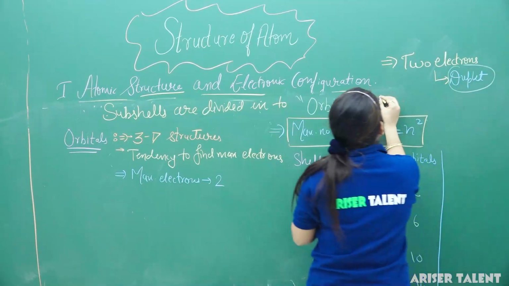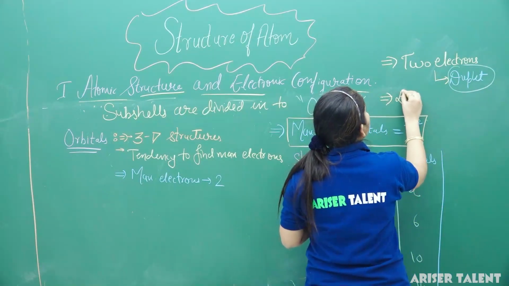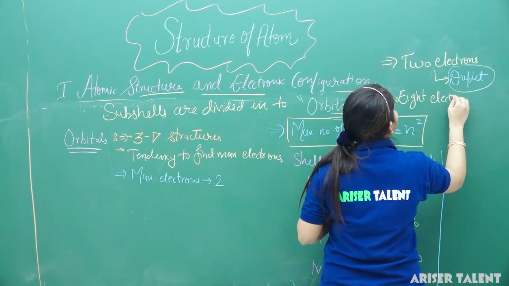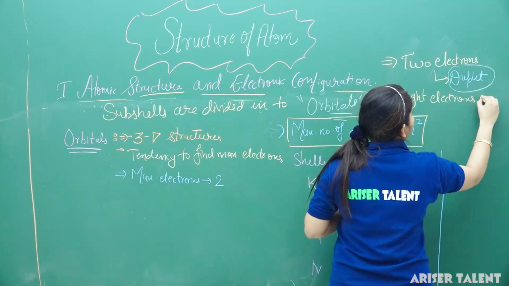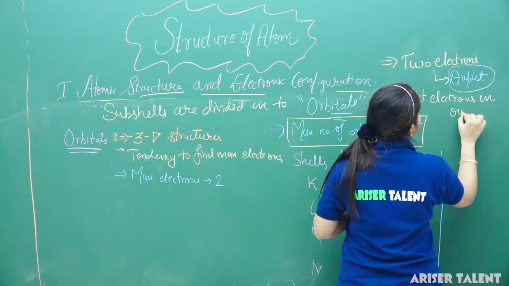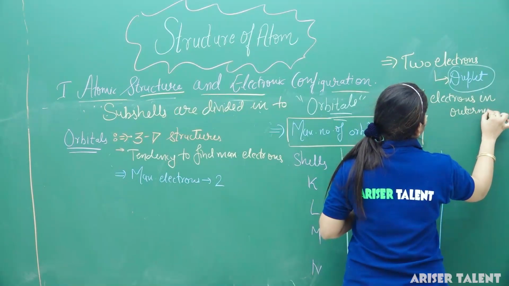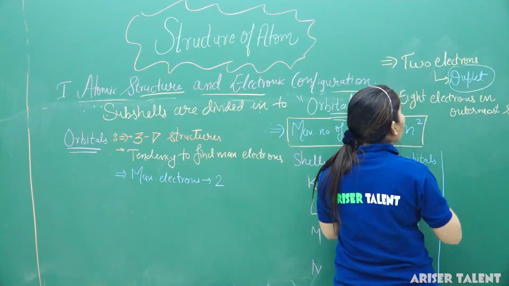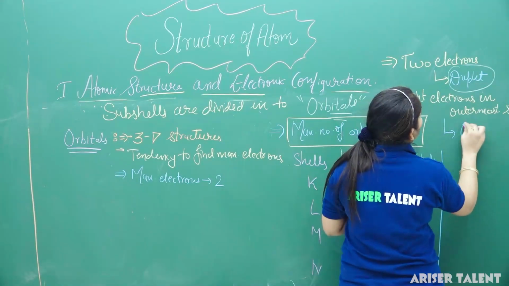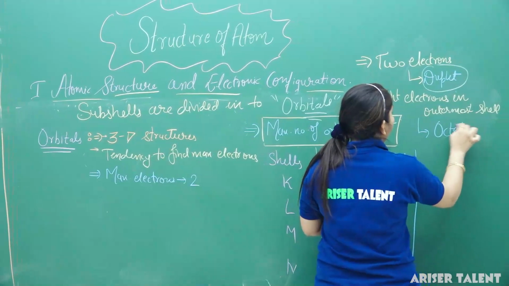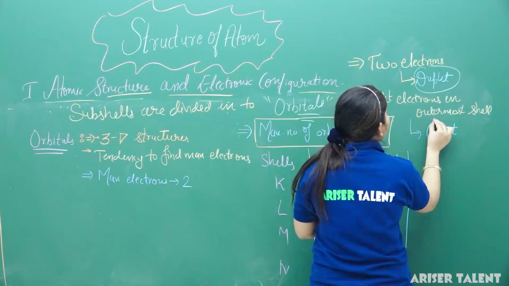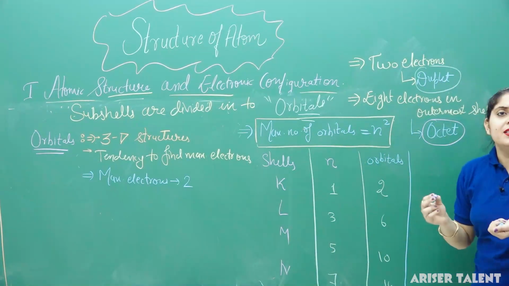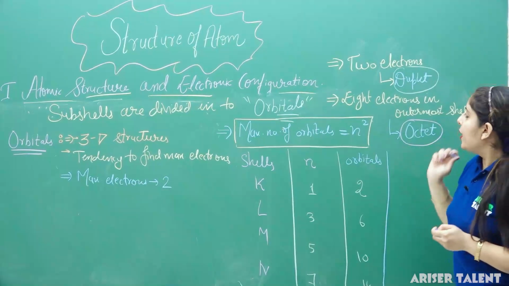But if there is a tendency of 8 electrons in the outermost shell, we may call it an octet. Octet means it can accommodate 8 electrons. Duplet means it has a tendency to accommodate only 2 electrons.